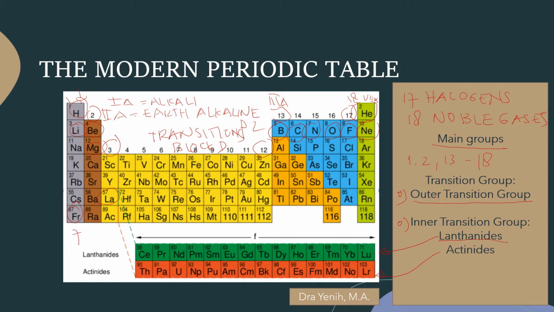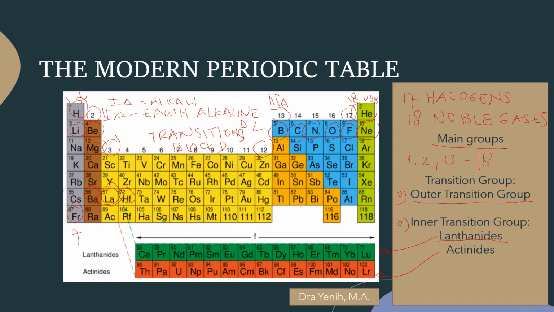Here the elements are arranged based on atomic number. You notice barium is 56, and then you have lanthanum 57, but after lanthanum it jumps to 72, hafnium. So there is a gap from 57 to 72.